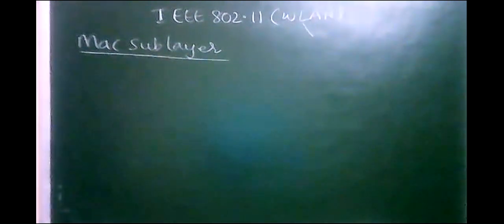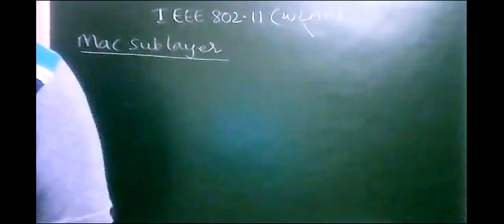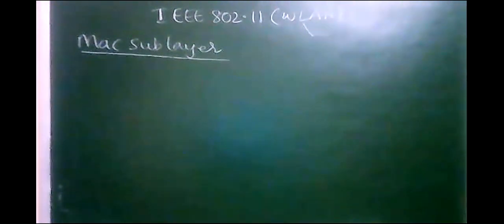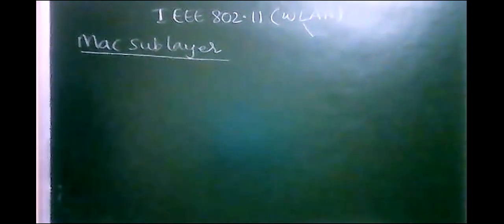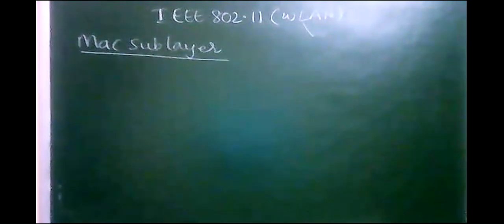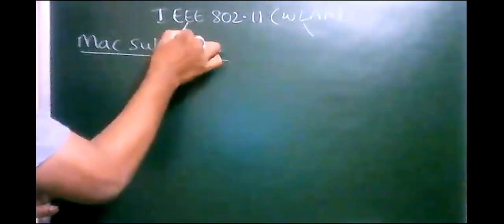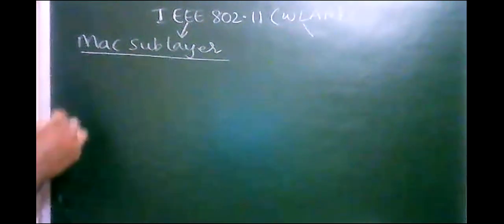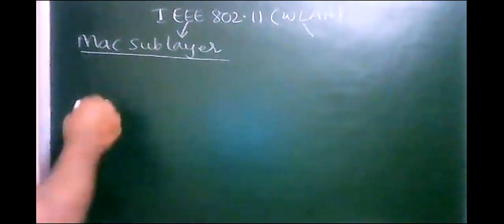According to the wireless LAN standard, IEEE 802.11, the MAC sublayer is divided into two sublayers.